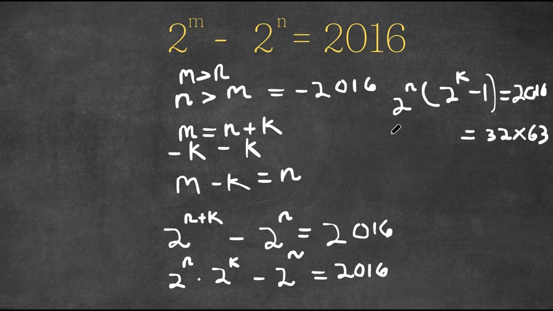So now we have 2 to the power of n times 2 to the power of k minus 1 is equal to 32 times 63. Now 2 to the power of n is going to be an even number, because 2 to the power of anything is going to be even. And 2 to the power of k minus 1 is going to be odd.